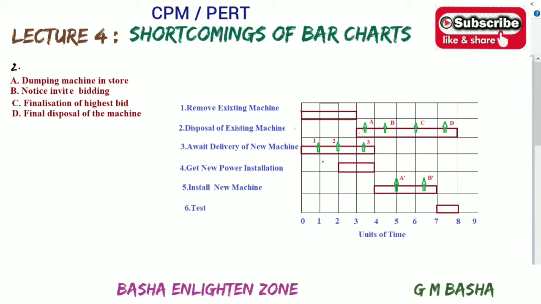Here we mention the sub activities in the form of an upward arrow with A to D. Detailing of A is dumping machine in store, B is notice inviting bidding, C is finalization of bid, and D is final disposal of the machine.